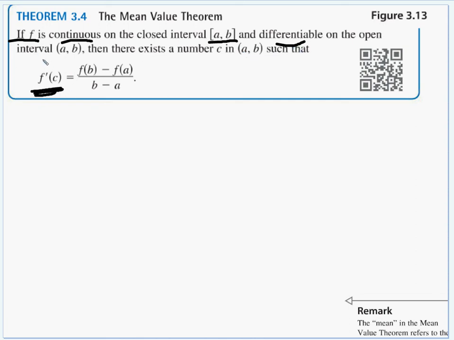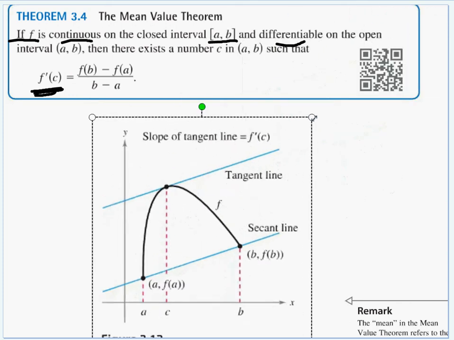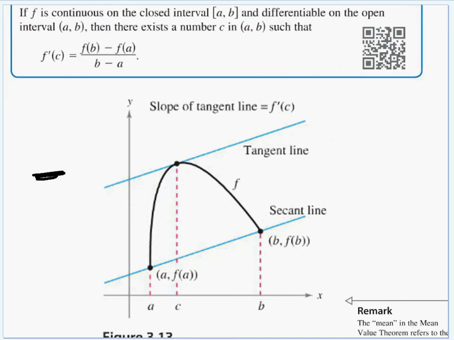over b minus a. Well, here's a and its output f of a, and here's b and its output f of b. So this is the slope of the secant line.